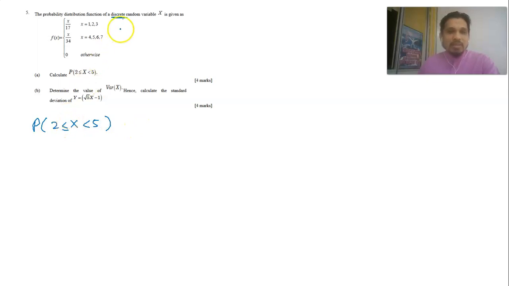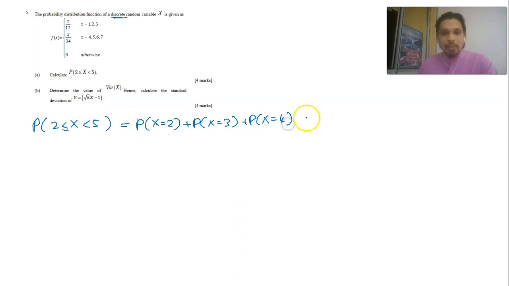Because it's discrete, every symbol or sign matters. So this x includes 2 but does not include 5, meaning it is the probability of x equal to 2 plus x equal to 3 plus x equal to 4.